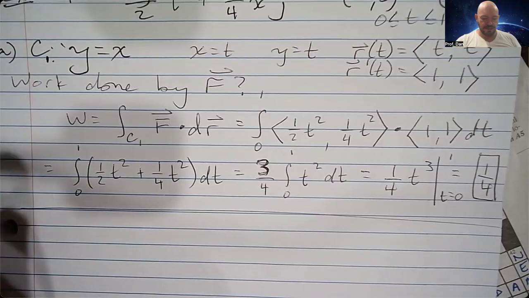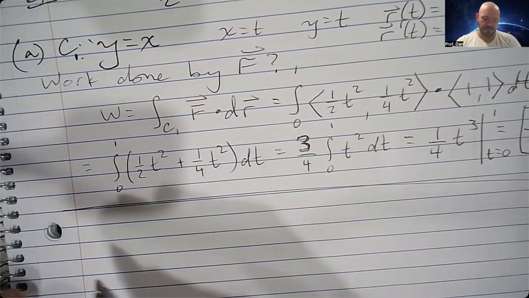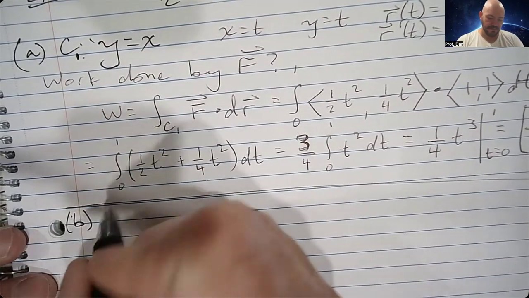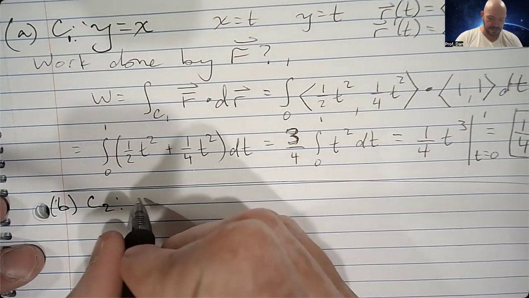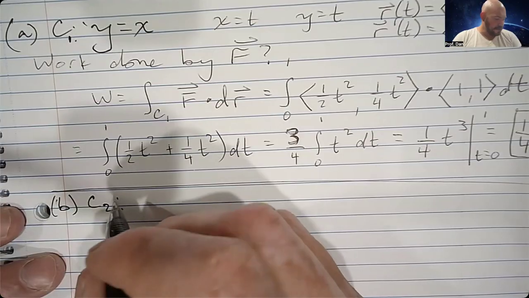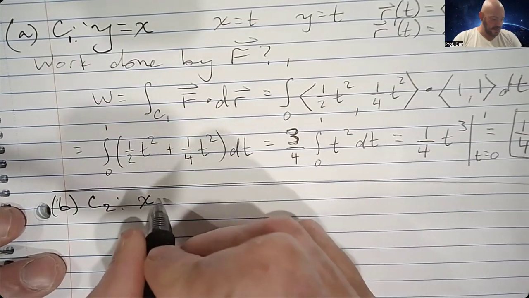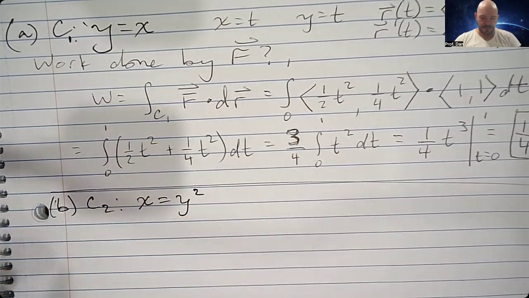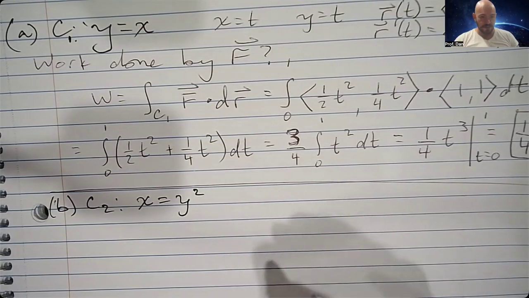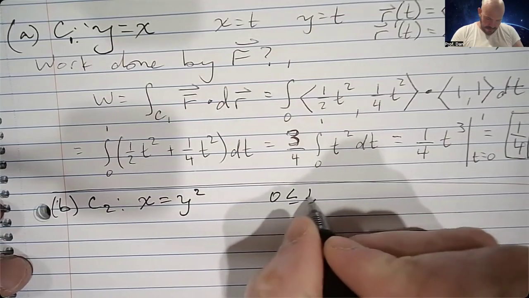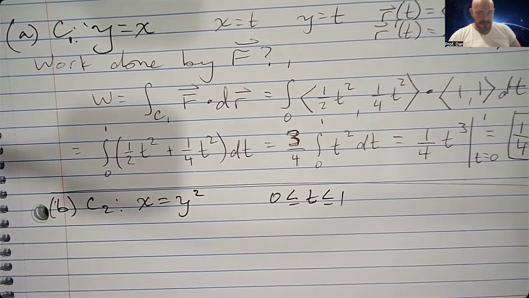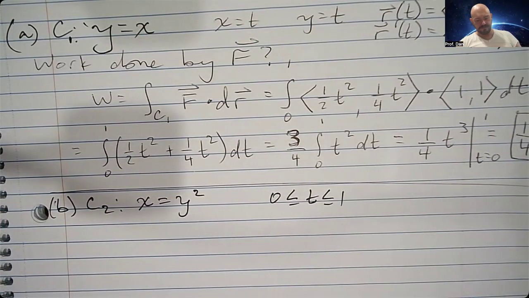So we're going to now look at the same force field, but this time we're going to go along a different path. We'll call this one C2, where our particle is moving along the line x equals y squared. If we're still going from 0, 0 to 1, 1, just a side note, t would still range between 0 and 1.